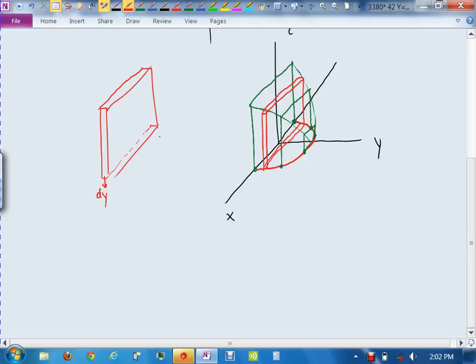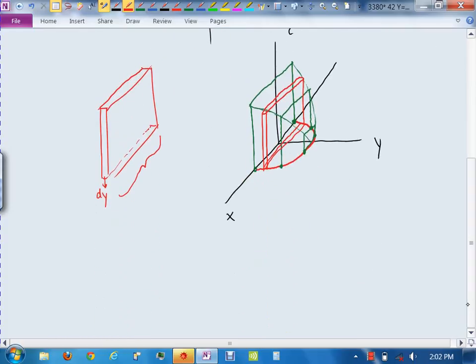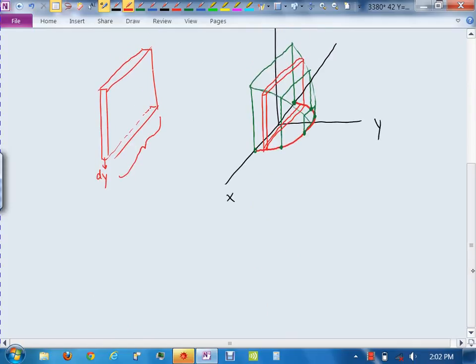We need to know how long this thing is. How long is that? I think what I'm going to do is draw right under this the same picture in two-dimensional. So here's my little parabola thing here, right?